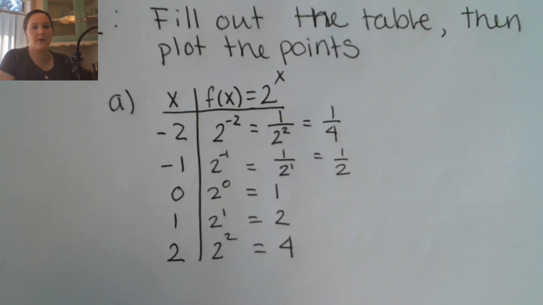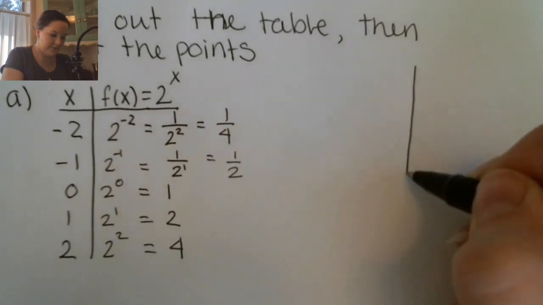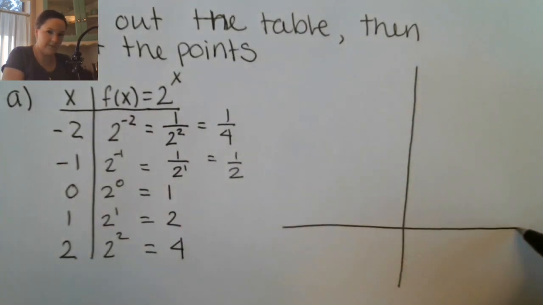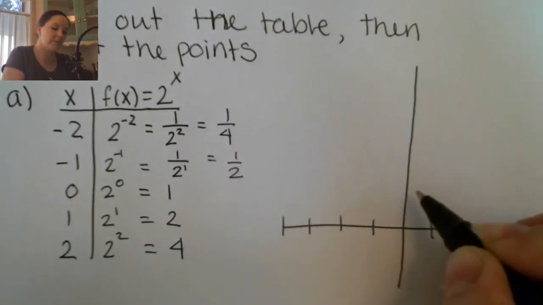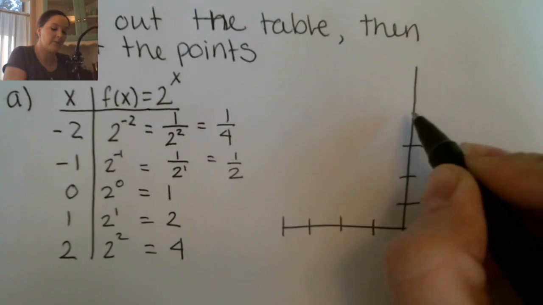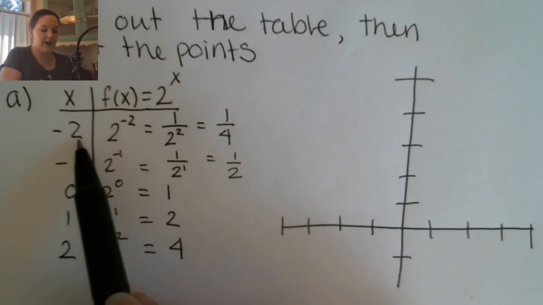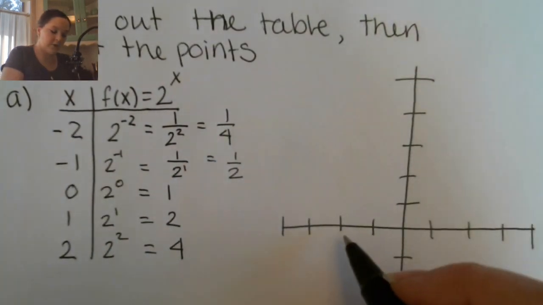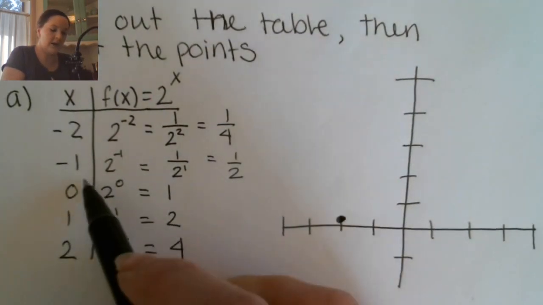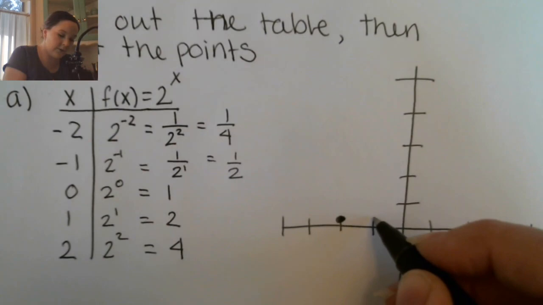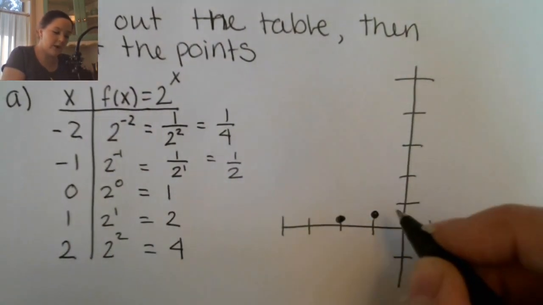So we're going to look at what those points would look like on a graph. We're going to graph -2, 1/4. So we'll go to -2 and then we'll estimate 1/4. Then -1, 1/2. We'll have 0, 1.